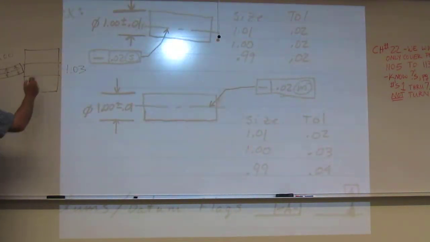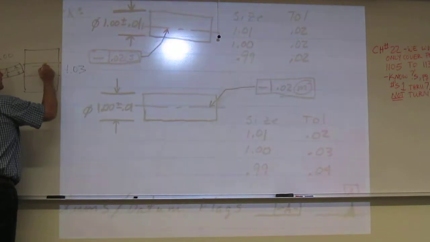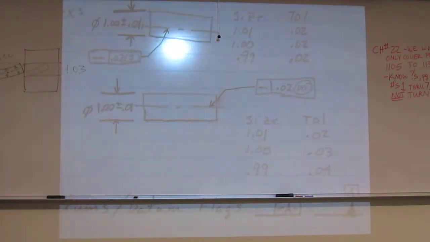Right, because I've got to get that in, and if I've got this type of shape, where let's say from here down I've got 0.05 off, well, the thing passes on sides, right? But then I try and stick it in the hole, what's it going to do? It's going to bind right there, and I can't go any further with it. We're talking about metal, something that is much stronger than we are.